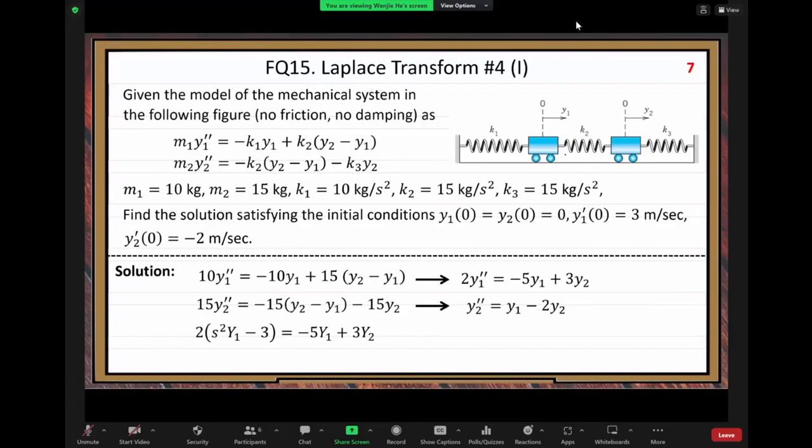When we take the Laplace transform, we need to use the initial conditions, with that formula. And for the second one, the initial condition formula. So we get these two equations.